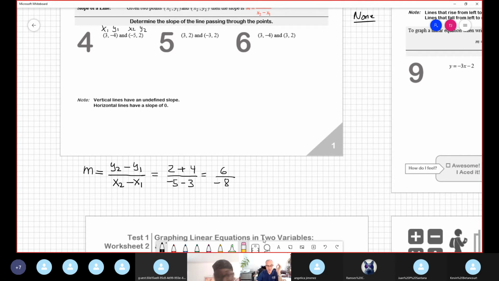No. The final answer you must always reduce. What is the greatest common factor? I suppose it's 2, no? 6 divided by 2 is 3. 8 divided by 2 is 4. And don't forget the negative. The negative you can put in the top or the bottom, but more elegant in the middle. So the slope is negative. So the answer is, wow, I like that, negative 3 over 4. I copy that. Negative 3 over 4 is our final answer.